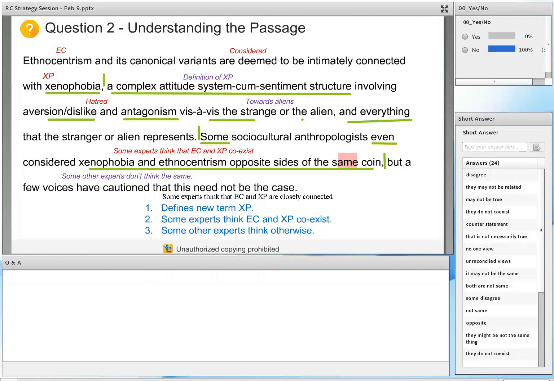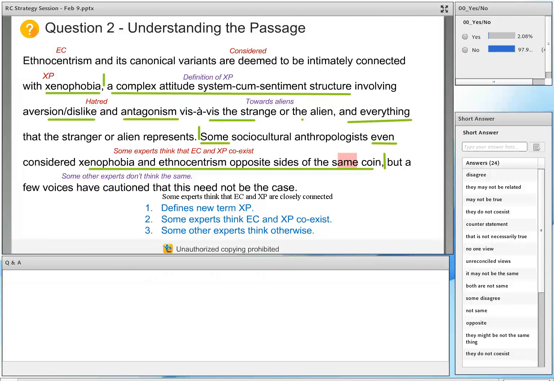No, he hasn't. Which means that if any of these three, EC and XP coexist, or EC and XP do not coexist, appear in an inference question as a possible answer choice, those choices would not be correct.